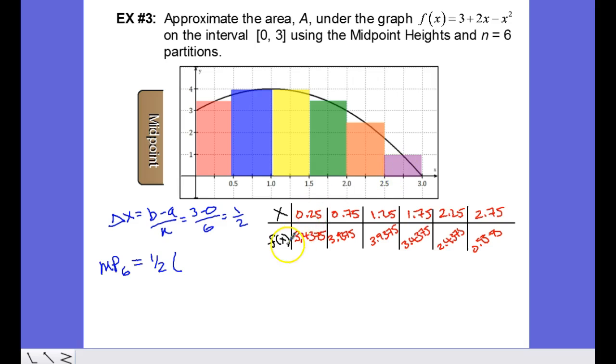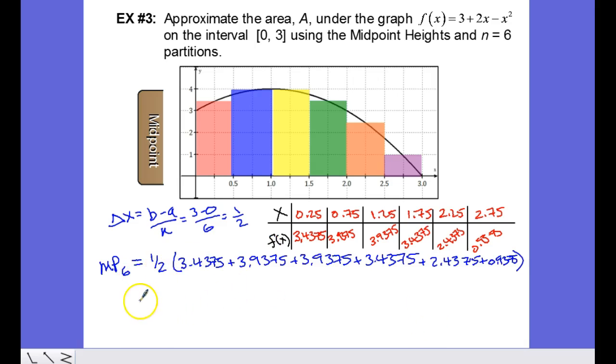So this is minus the confusion of, okay, wait a minute, it's left hand limit, so which one do I not use? It's a right hand limit. We don't even really have to worry about that now with midpoints, and we're also getting a more accurate Riemann sum. So we're going to put in all of our f of x values.